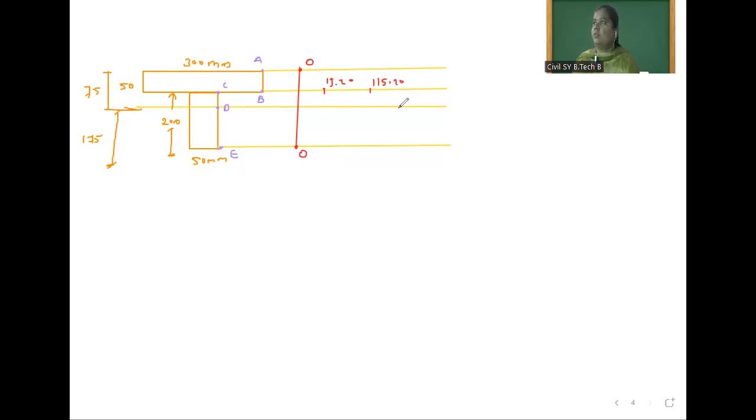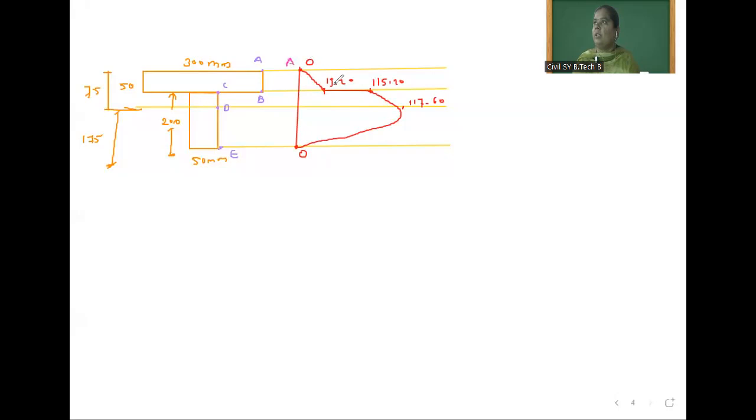After that, shear stress at D is 117.60, and shear stress at E is 0. So the connection is up to this parabolic, after that a straight line. Okay, so this is the shear stress distribution diagram.